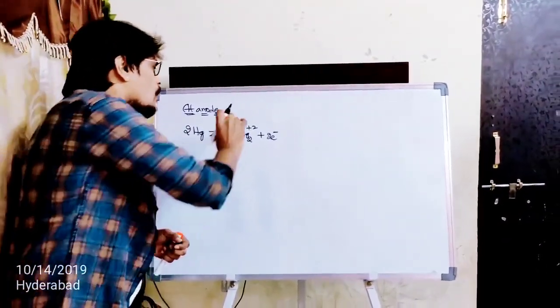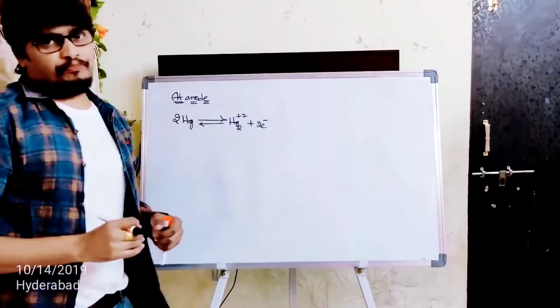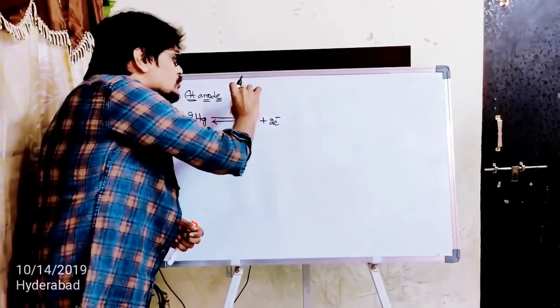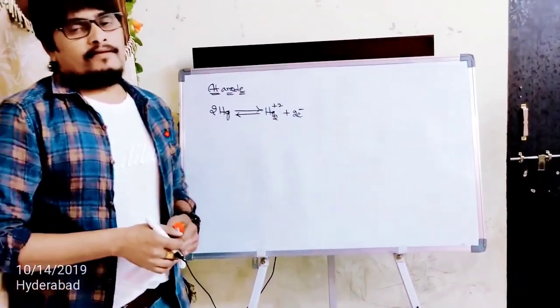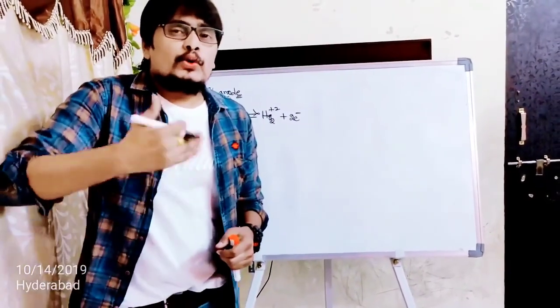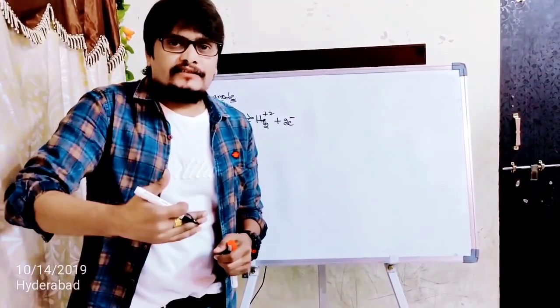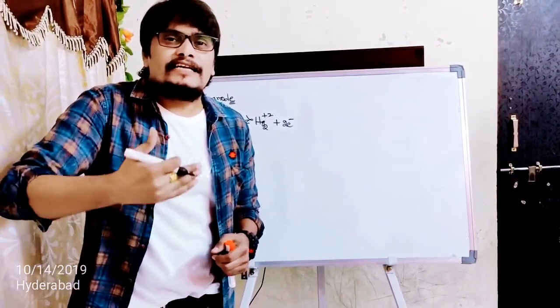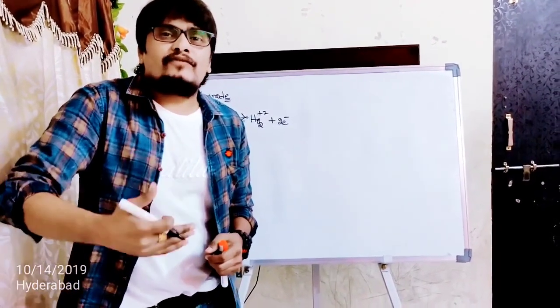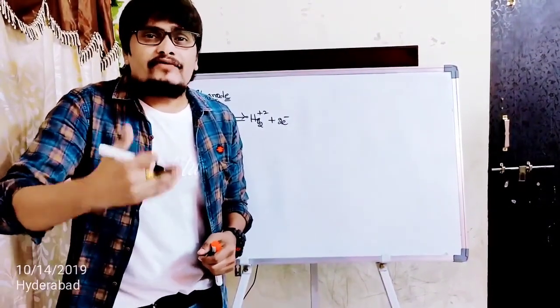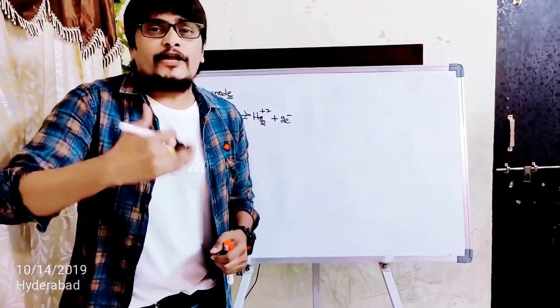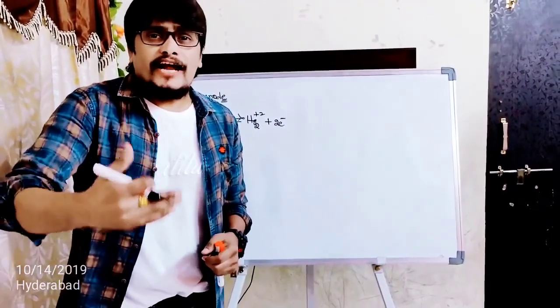Now, what is this Hg2 2+? The plus represents that it is the cation. In order to lose its charge, that is, to attain stability, it should react with an anion. As it is a cation, it should react with an anion. A cation cannot react with a cation, and an anion cannot react with an anion.